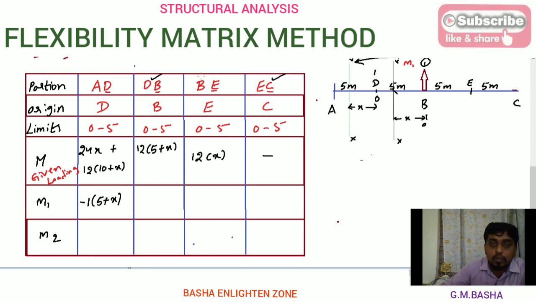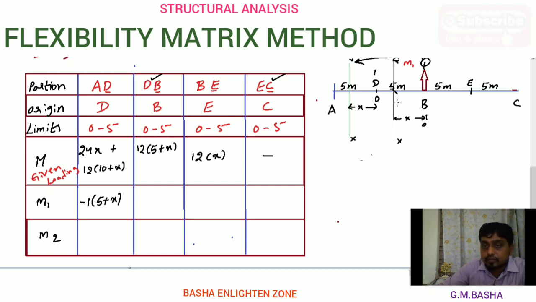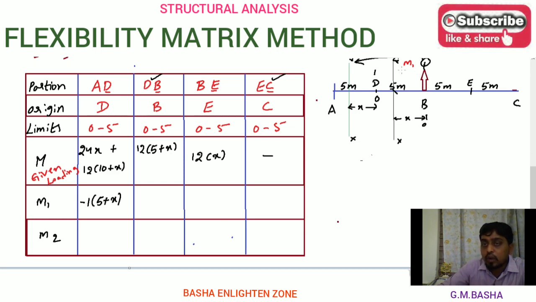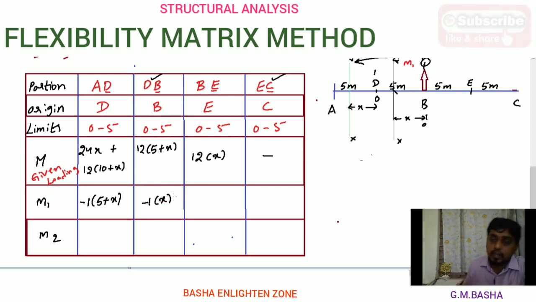Here again this force will be acting anti-clockwise towards the section x, therefore minus 1 into x. Up to here it will be 1 into x, therefore I am taking minus 1 into x, or directly x only.